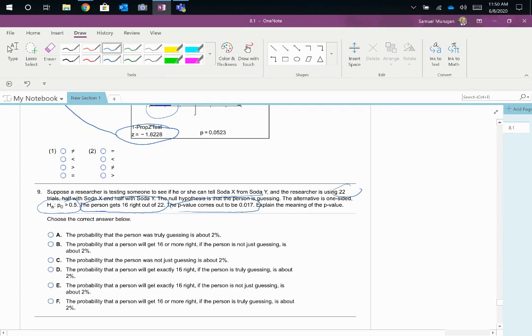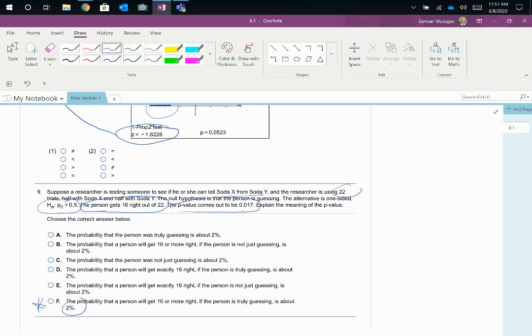Comes out as 0.017, which is a very small percentage. And it's the probability that the person will get 16 or more right if the person is truly guessing is about 2%.